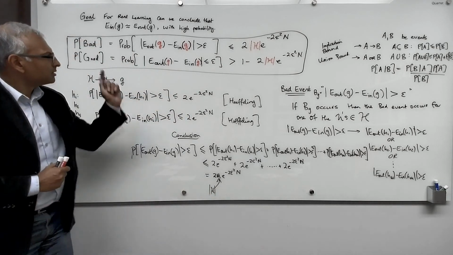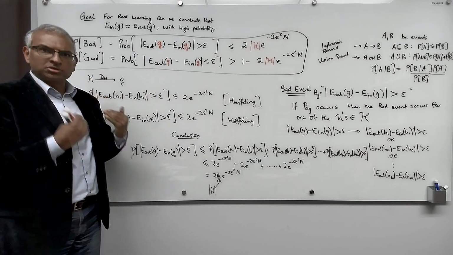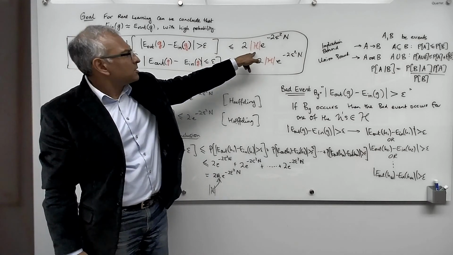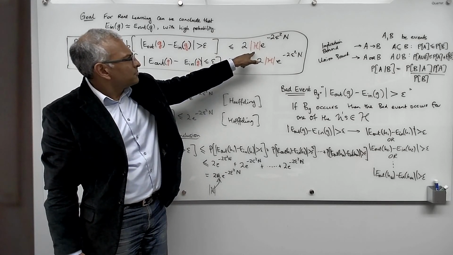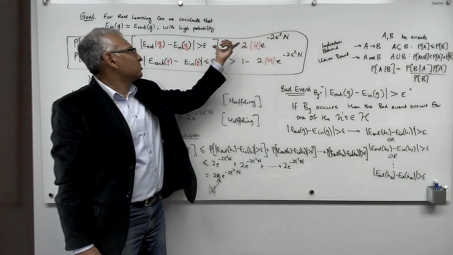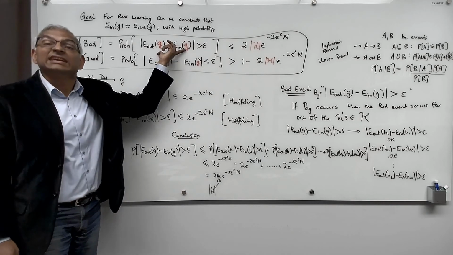It's not a hard proof, but it's conceptually a very important proof. It shows that we can get a bound on the probability of a bad event for g, the result of learning.